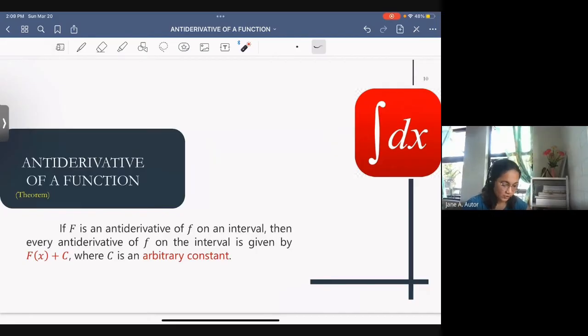Let us proceed to this theorem with respect to the arbitrary constant, with respect to the antiderivative of a function. So if uppercase F is an antiderivative of small f on an interval, then every antiderivative of small f on the interval is given by uppercase F of x plus C, where C is an arbitrary constant. So this is for the general antiderivative of a function.